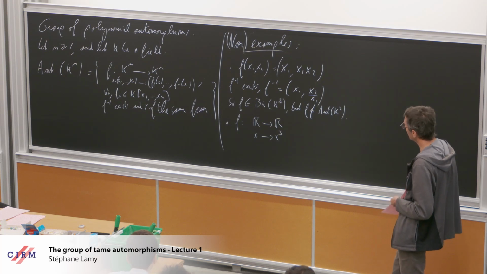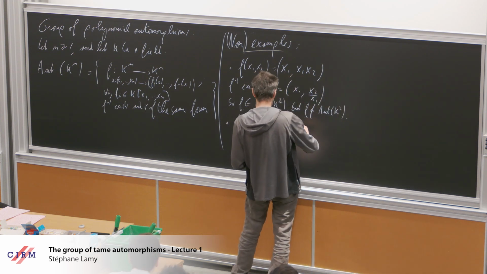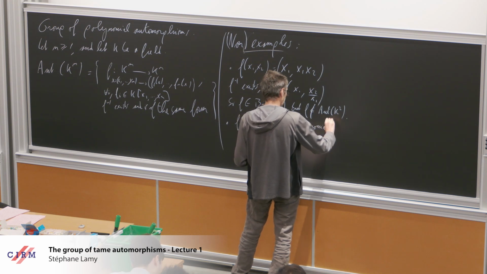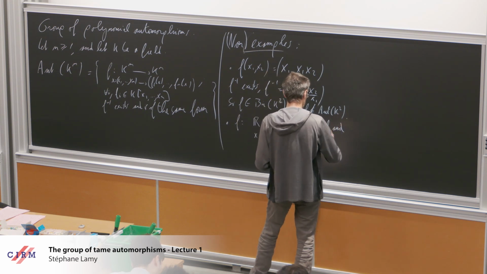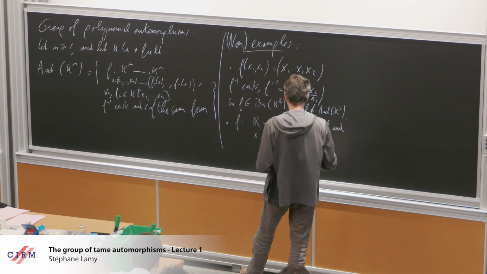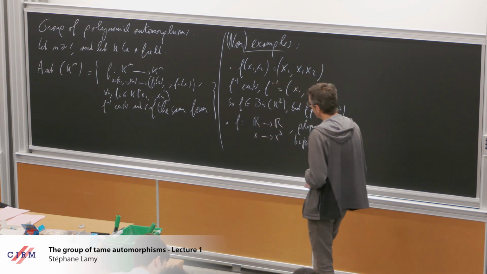But it's not in my group because the inverse is not a polynomial. Of course you can do examples with more variables, but already with one variable you should keep in mind that bijective is not the same as automorphism.